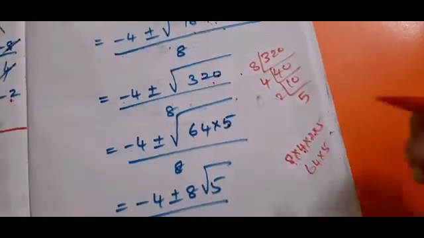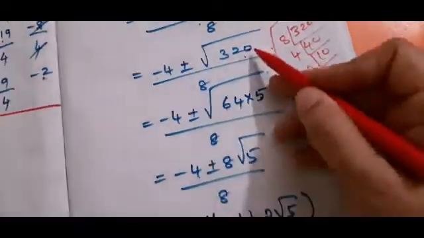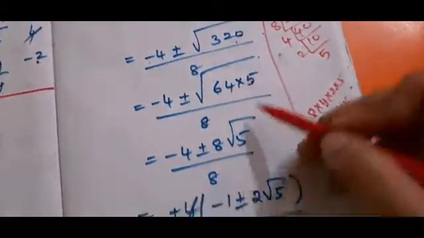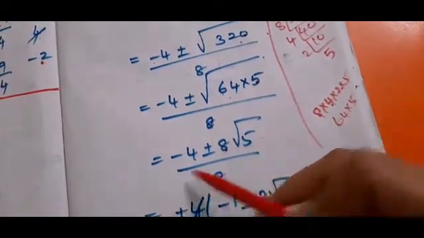So, 320 can be written as 64 into 5. So, square root of 64 is 8, root 5, by 8.